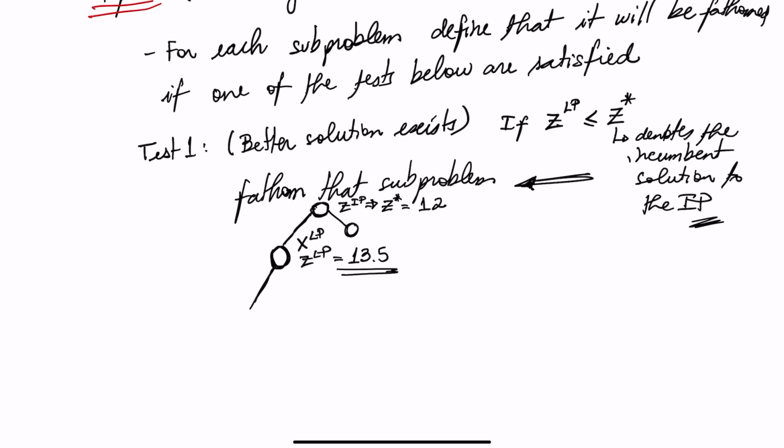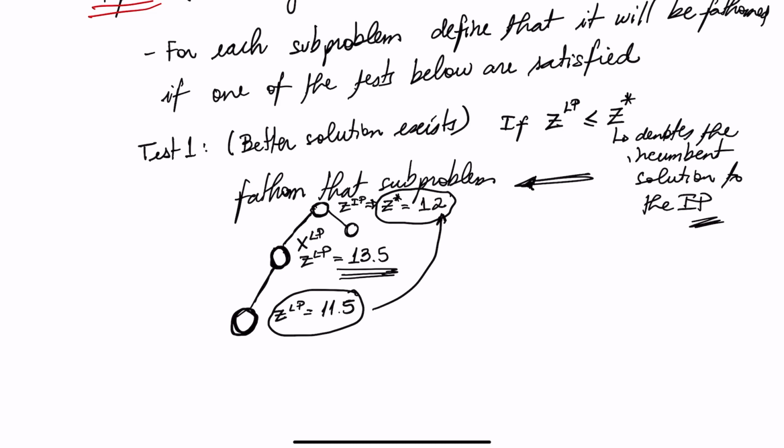Because I got this ZLP that's 13.5 in this branch, I'm solving that new relaxation with the additional constraint. And now suppose that I get a ZLP that is equal to 11.5, right?